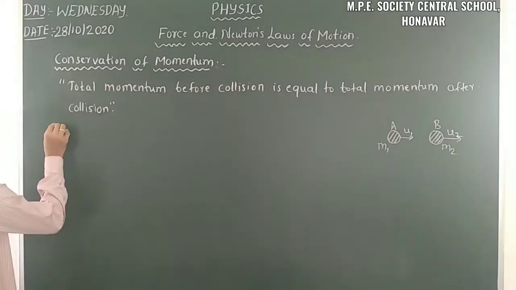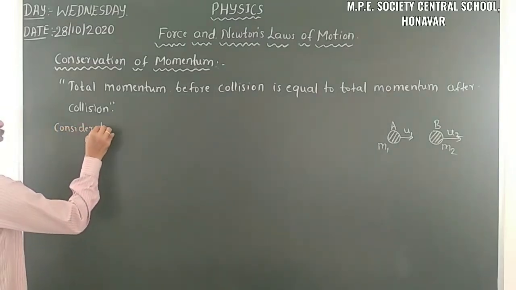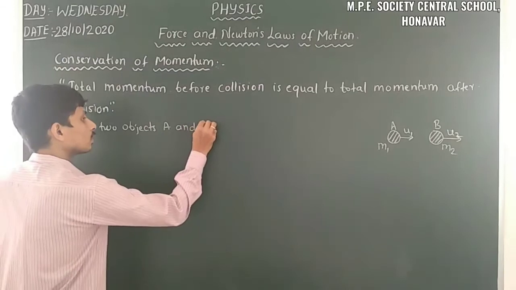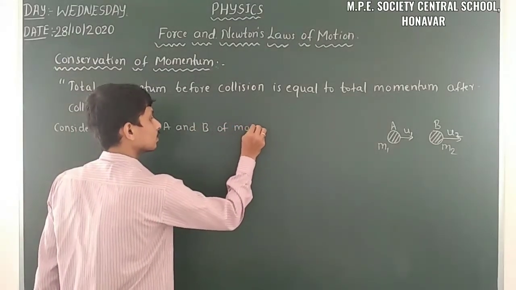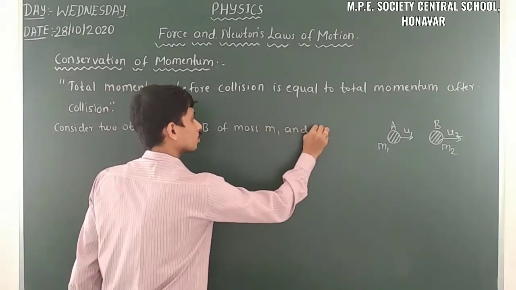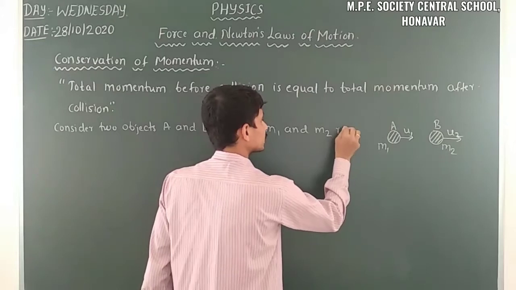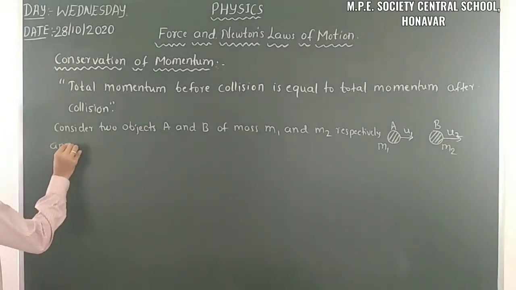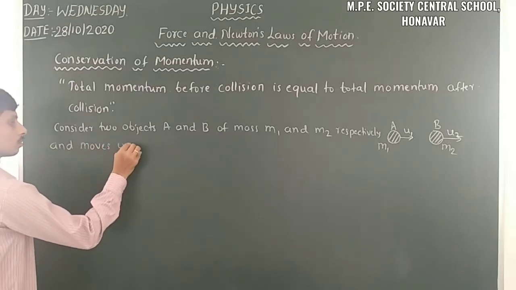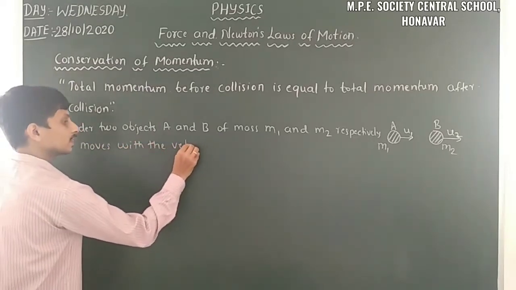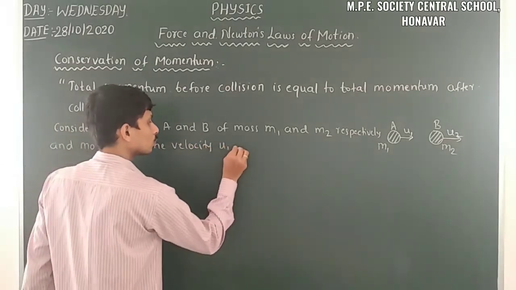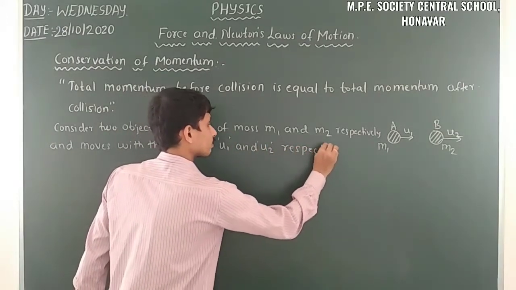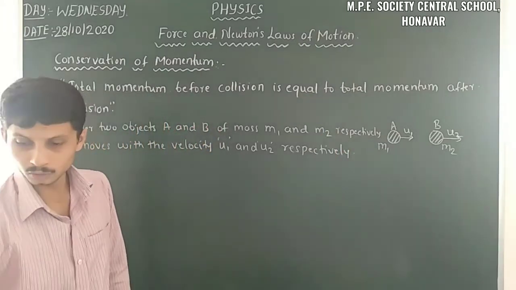So let us take that one. Consider two objects A and B of mass m1 and m2 respectively, and moving with the velocity u1 and u2 respectively.